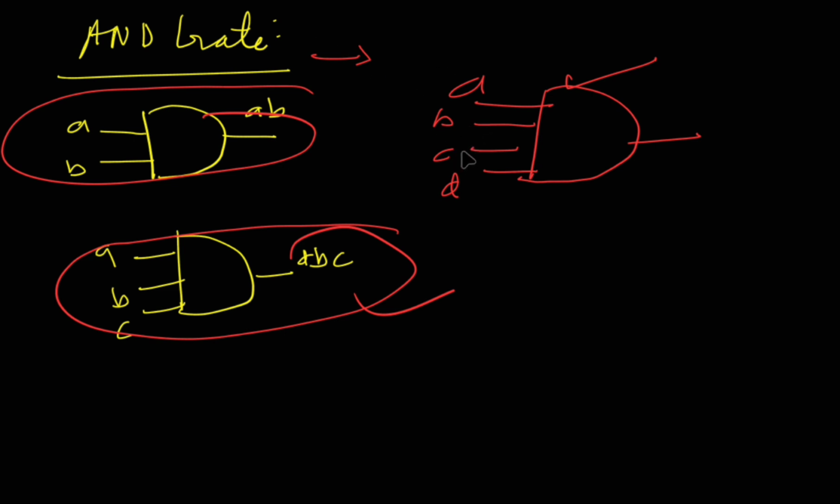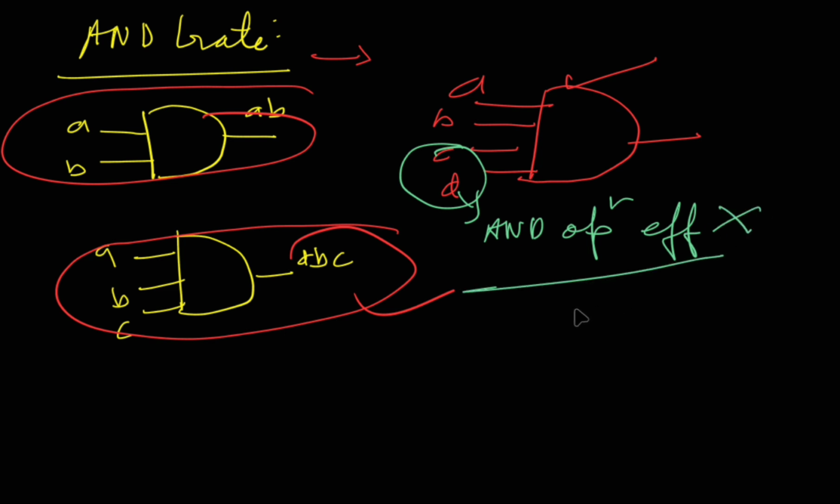The unused inputs should be connected to 1. Why? So that they do not affect the AND operation, right? So if you have a 3 input AND gate, 4 input AND gate, that is how you can do it.